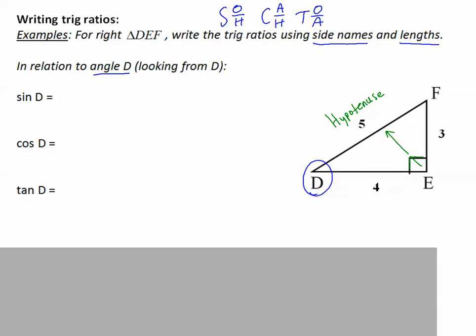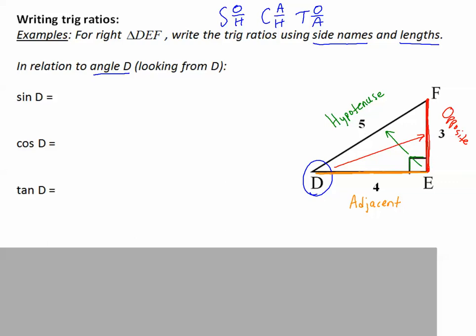Or we can point across the triangle, across from D, not touching D, is the side that doesn't use the letter D, EF. This side is opposite. The side that's touching D is the side that's called adjacent. Now it'll be easier to do this if you label the hypotenuse first. Hypotenuse touches D, adjacent touches D, and opposite's the leftover side. You could think of it that way.